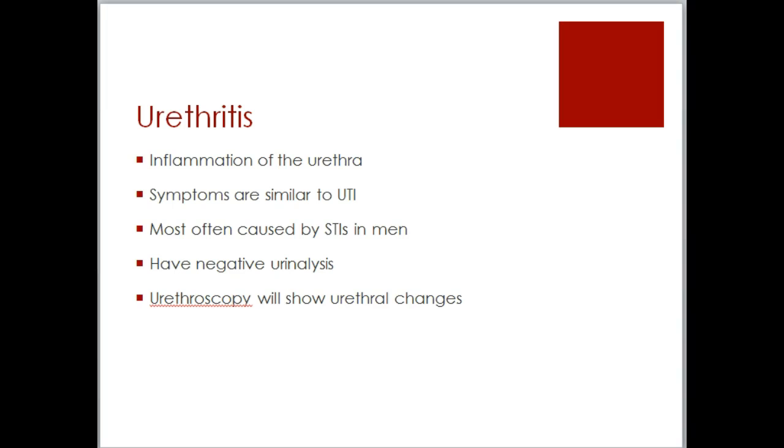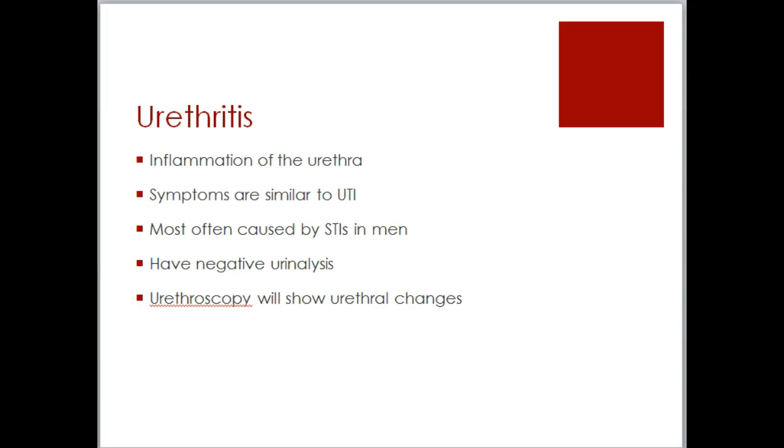Okay. Urethritis is an inflammation of the urethra. Its signs and symptoms are really similar to a UTI, but it doesn't have the bacteria. In men, they're going to have burning or difficulty urinating and discharge from the meatus. Unfortunately for men, the most common cause of this is STIs, including gonorrhea and chlamydia and trich.